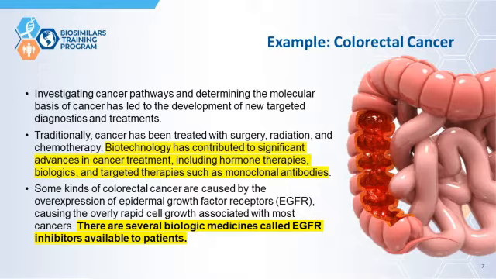One example would be colorectal cancer that is caused by too much of a certain substance in the body called epidermal growth factor, and the growth factor receptors result in rapidly growing cells, and we can limit that by giving inhibitors to epidermal growth factor receptors, EGFR.